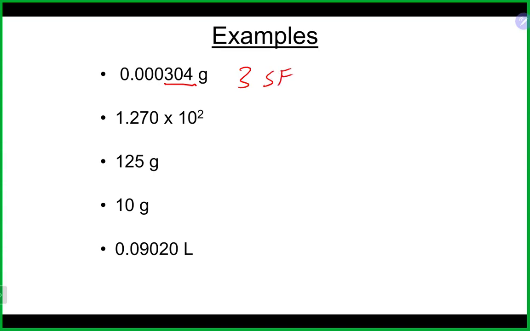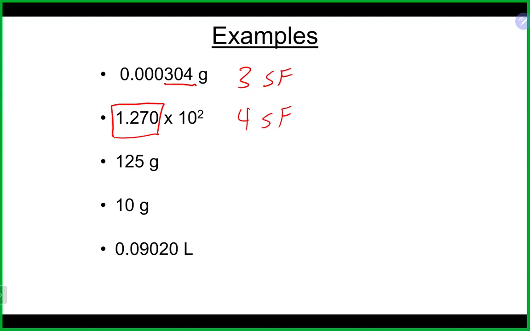This one would have? It is 4. A reminder that when it is written in scientific notation, that tells you how many significant figures there are, which is the part before the times 10. By the way, you shouldn't turn it into a decimal number.